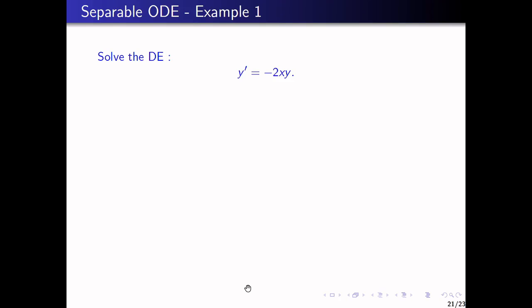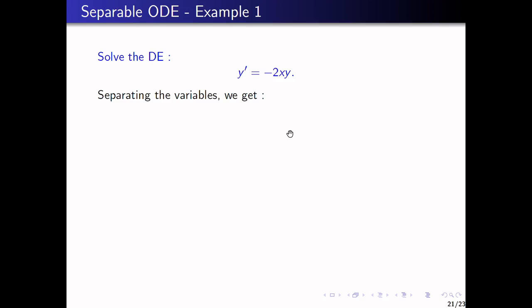If we want to write it as m(x) plus n(y) y' equal to 0, this is what you get. We just divide by y, and then this y' we replace by dy by dx, and dx we take on the right hand side. So here you see on the left hand side we have a function of y only, and on the right hand side we have a function of x only.